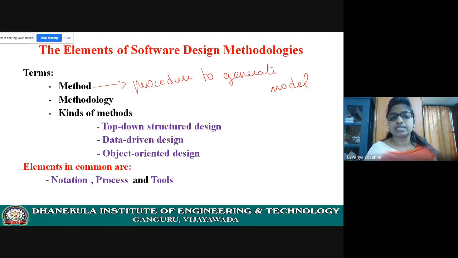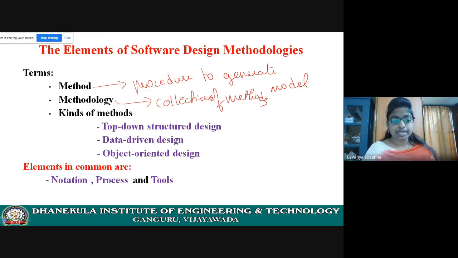Next, methodology. A methodology is a collection of methods which you apply across the development of the software system. Again, a method is a procedure to generate a model, and a methodology is a collection of methods applied across the software development process.